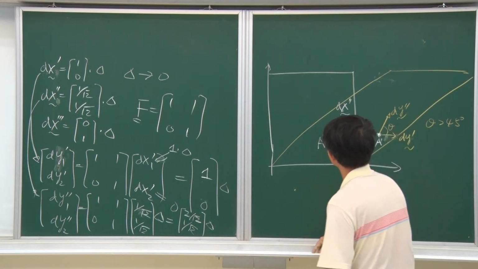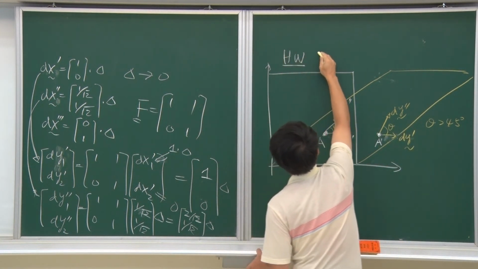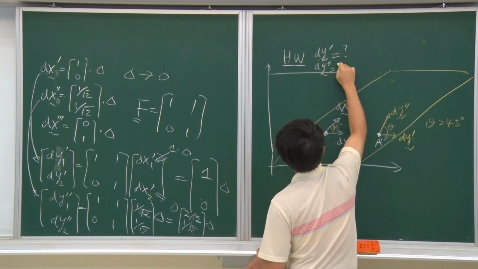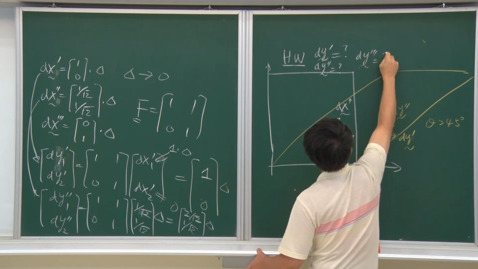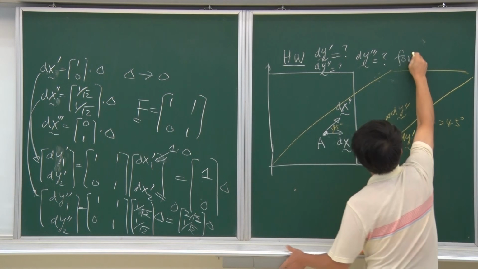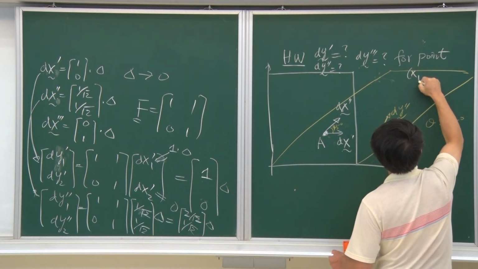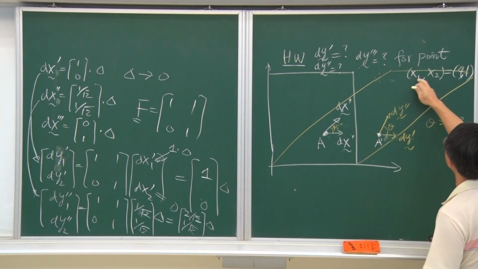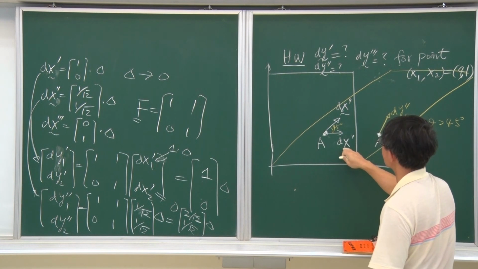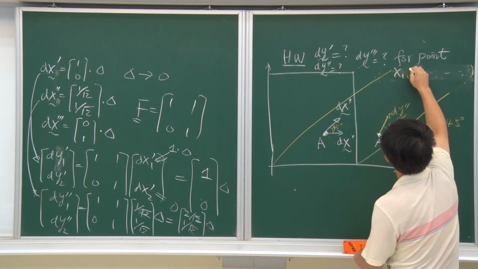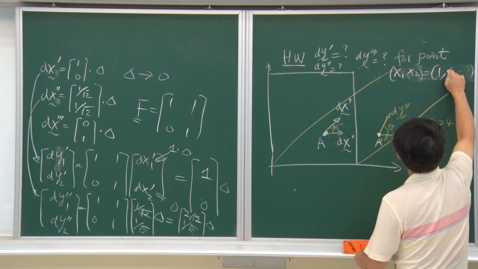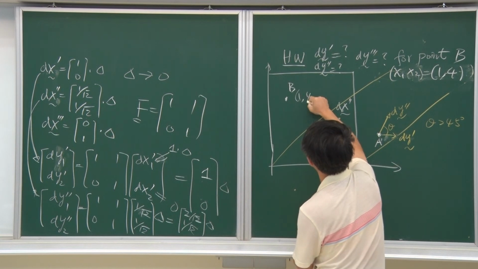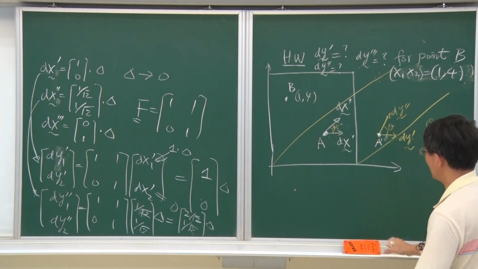So there's a homework. At the point x1, x2 equal to 4, 1, what will be the deformed material line?